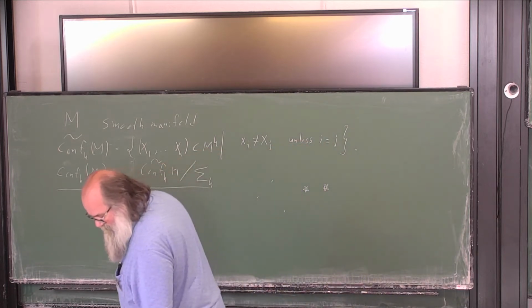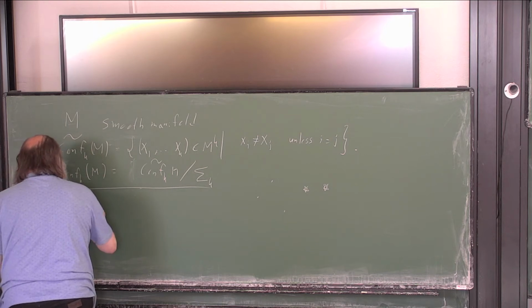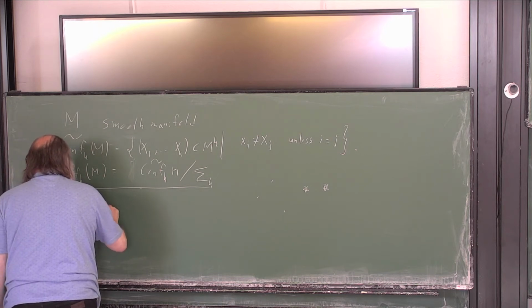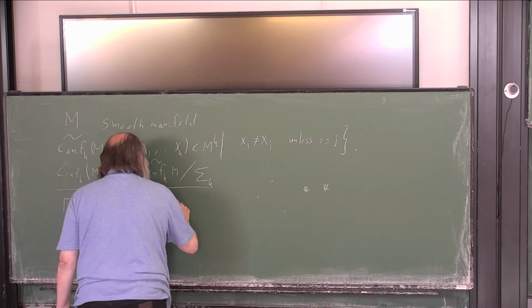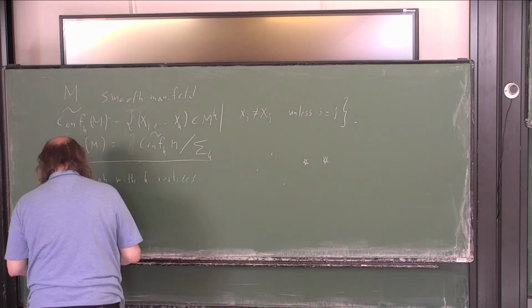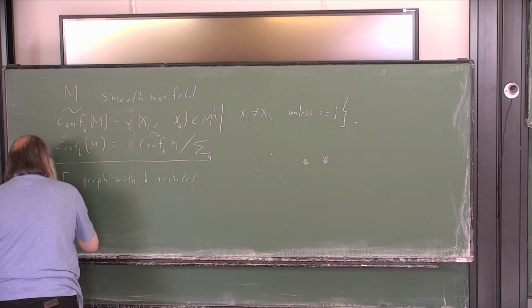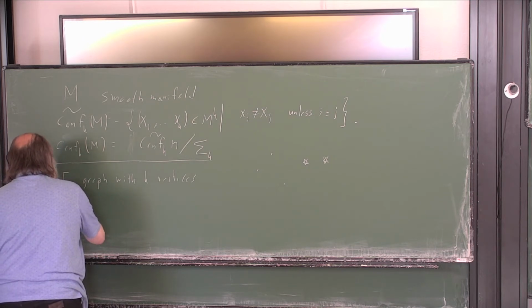So this can be formalized with a graph. Gamma is a graph, say with k vertices, and you also have a number associated to each vertex.